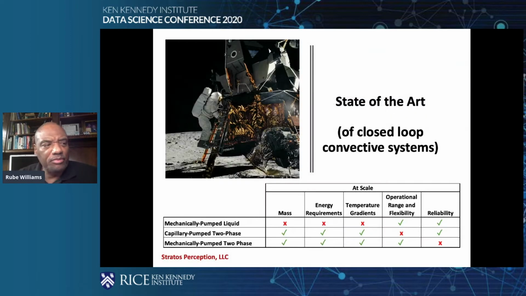One way to manage the thermal environment in space is primarily closed loop convective systems, because convective systems regulate their performance by turning up or lowering the pump speed.